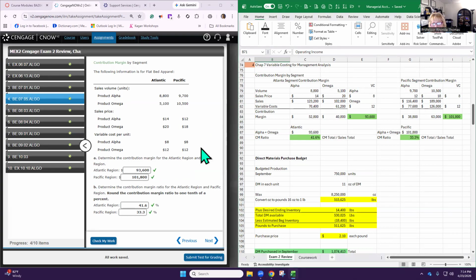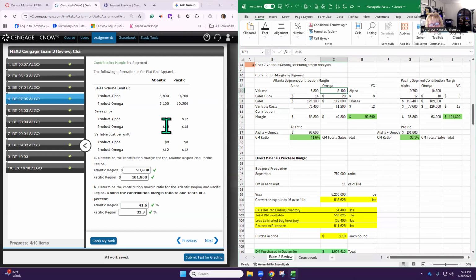That's what we need. And we want the Pacific segment contribution margin. I put volume of Alpha and Omega going this way. So here is the volume under Atlanta for Alpha and Omega. So I got 8,800 and 5,100.